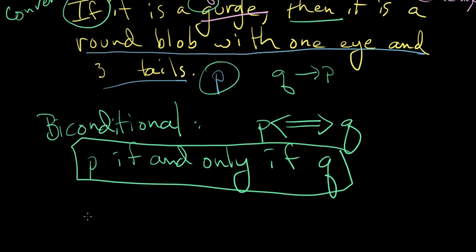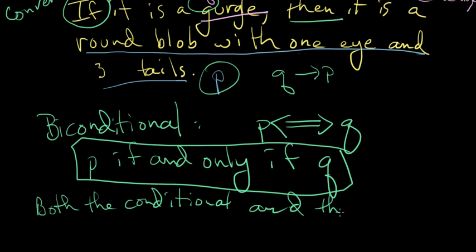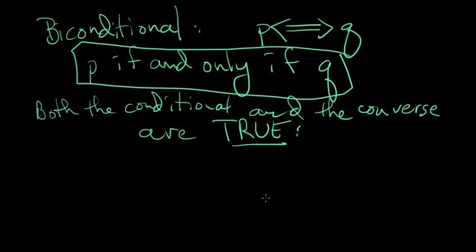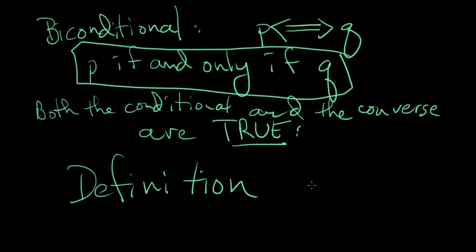Both the conditional and the converse are true. And that means we have a definition. A definition is when both the conditional and its converse are true.